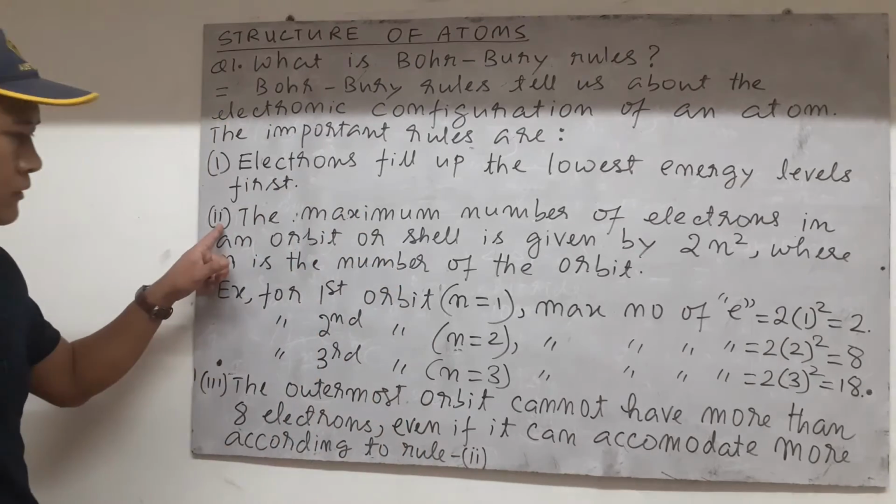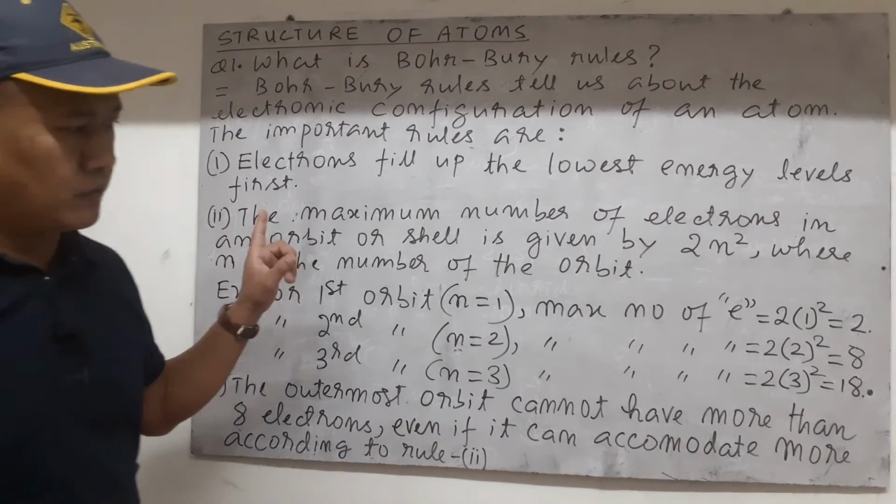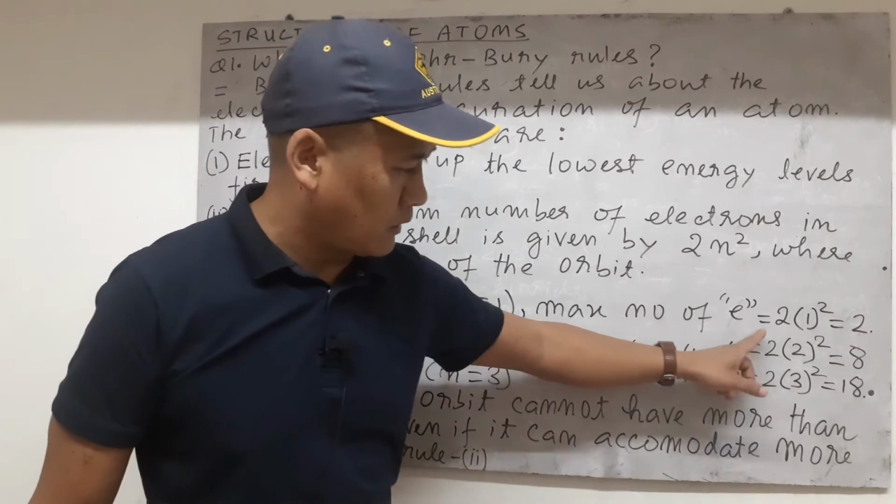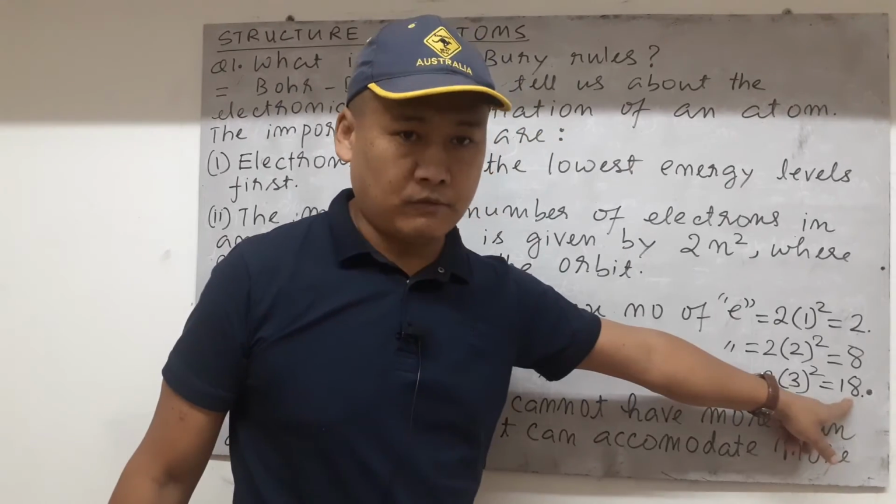Here, look at rule 2. For example, according to rule 2, the third orbit can have maximum 18, right?